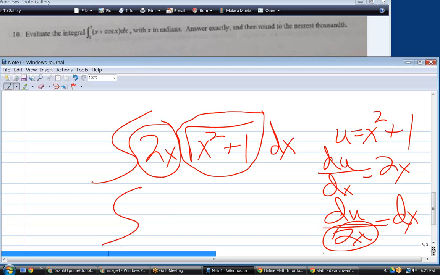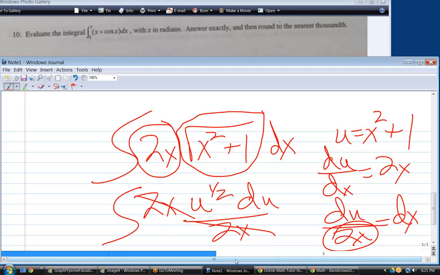When I convert this to u substitution, it becomes u to the 1/2 du over 2x. The 2x's cancel. Now I have a perfect integral in u.